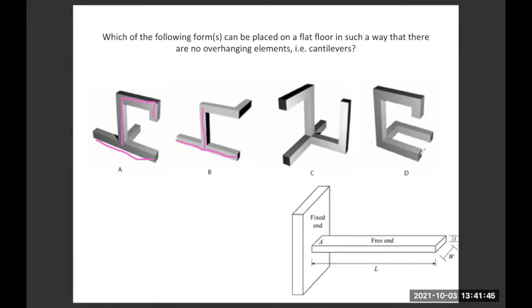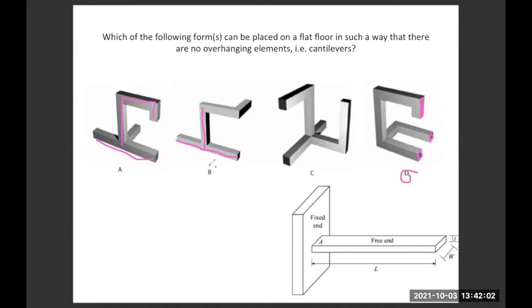In option D, if I place this in such a manner that these ends become the base, then there are no overhangs in option D also.